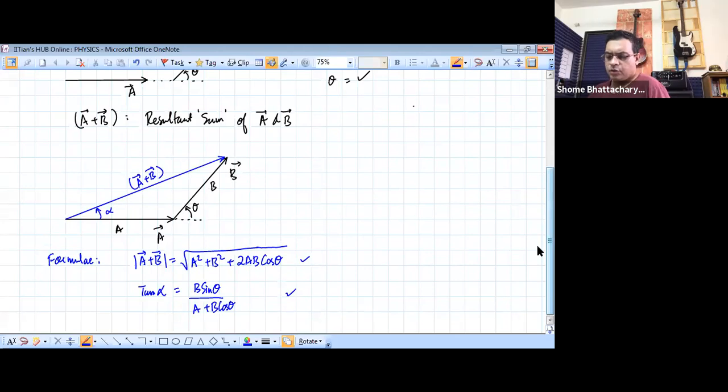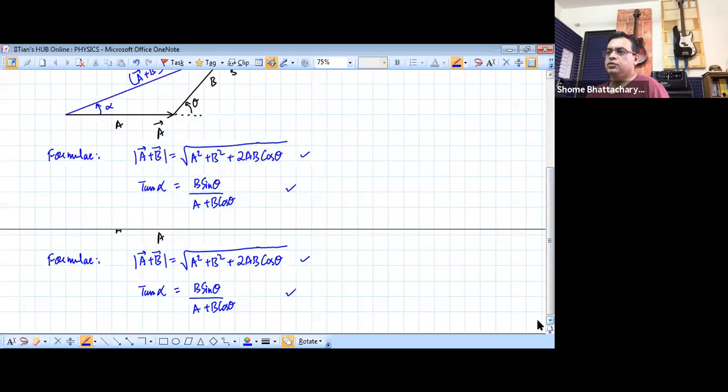Now a couple of additional points I want to discuss before we get into more problems. One is that you should know sine, cos, tan of the standard angles, which I'm sure all of you are aware of. But other than that, there are certain additional angles also that you should know about.